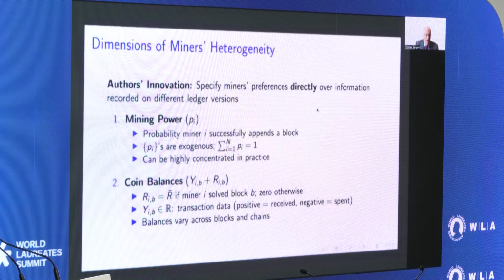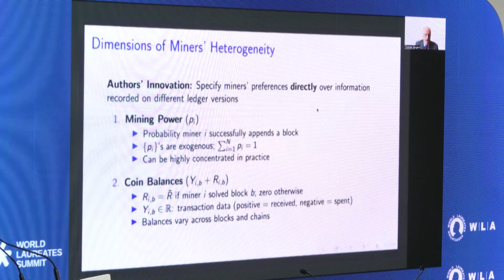So how do they differ? Mining power, pi. This is just the probability that miner i successfully appends a block. The pis are exogenous; they hardwire that. They have to add up to 1, as probabilities do, and they can be highly concentrated in practice.